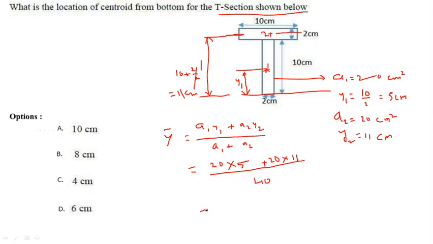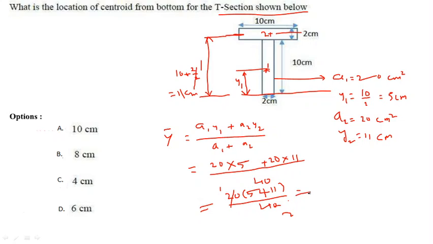Now simplifying the above step, if I take 20 as common, I will get 5 plus 11 by 2, since 20 into 2 is 40.